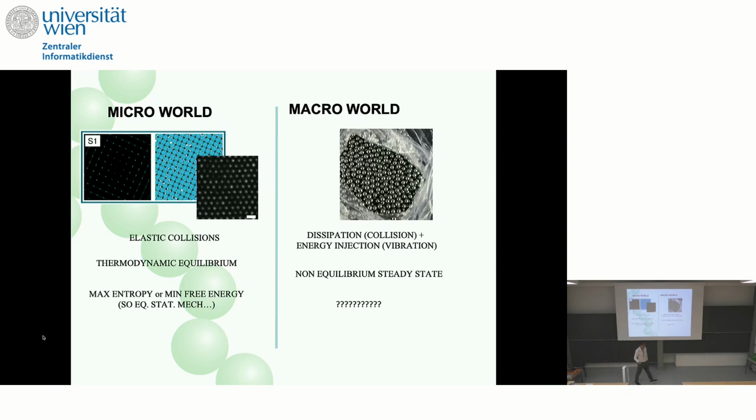And if I have dissipation, I have to inject energy into the system, because otherwise the particles stop, and this is what comes from shaking. But the very moment you do that, you enter a non-equilibrium steady state, and we know very little, at least I know very little, about the statistical mechanics of this. I mean, there is some, but it's much less solid in foundation and still discussed. And so there is no reason why I should expect these things to work.